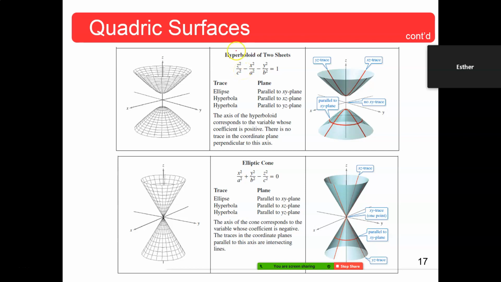If Z were equal to 0, which is down here, notice that you'd have a negative plus a negative equal to a positive. Not going to happen. So a hyperboloid of two sheets is never going to have the two that are negative be zero. The one that's positive can never be 0, because then you'd have a negative plus a negative equal to a positive. Not going to happen.